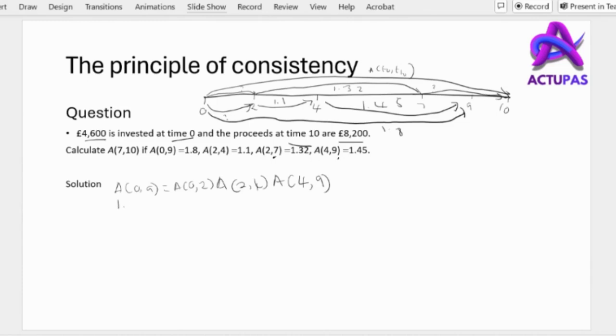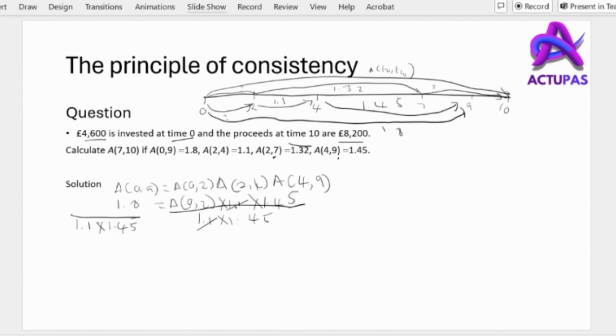We know a 0 to 9 is 1.8, equal to a 0 to 2 times a 2 to 4, which is 1.1, times a 4 to 9, which is 1.45. Then divide both sides by 1.1 times 1.45.